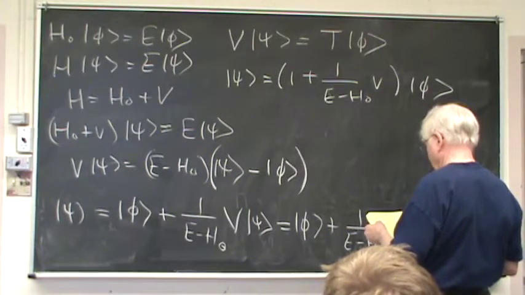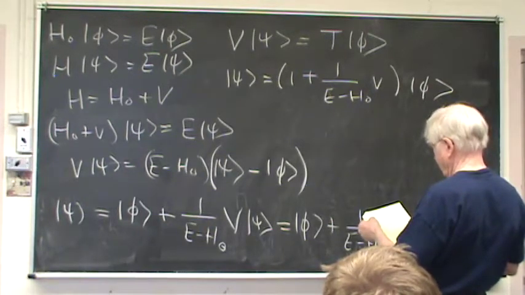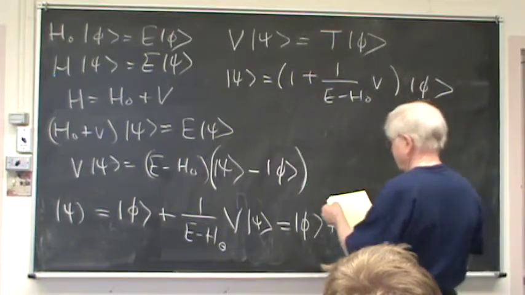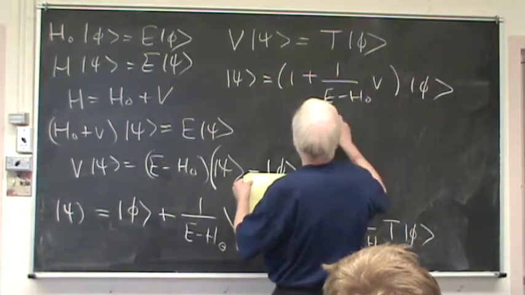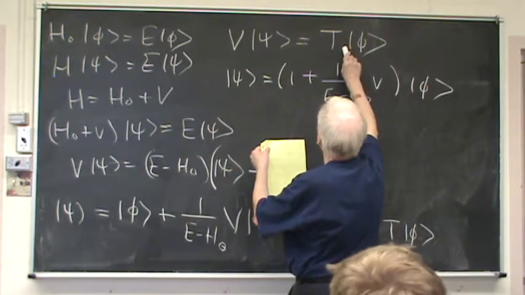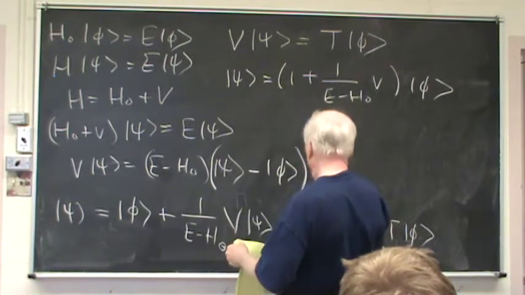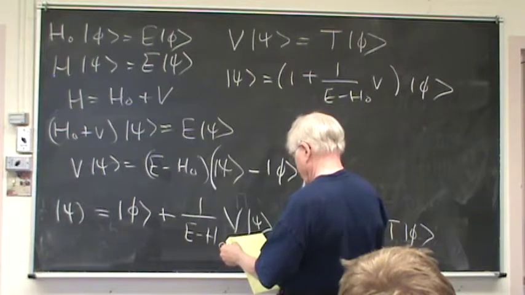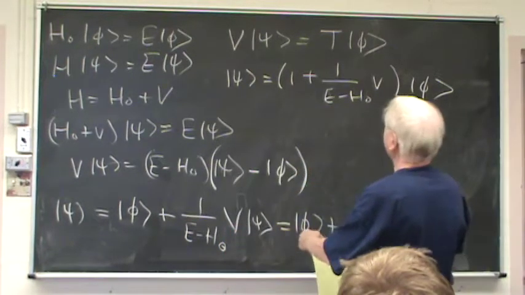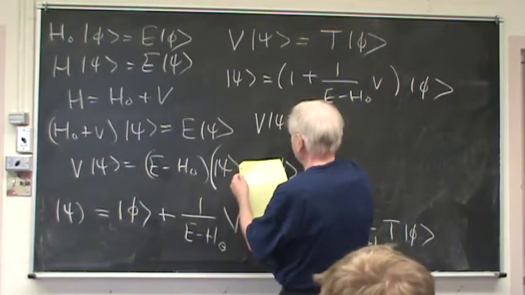Let's see, there's another way of writing this. Okay, so we have this expression here. Should be D there instead of V. I've got this written down in front of me, so let me write it down, and then maybe we'll see why it's true.